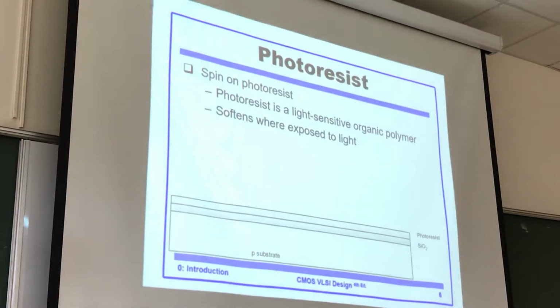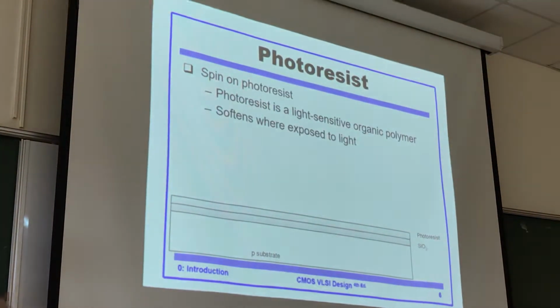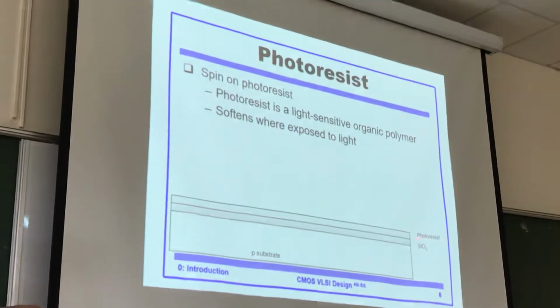Next step, we spin on photoresist. Photoresist is a kind of material that is sensitive to light. Photoresist is a light-sensitive organic polymer. It is coated on top, and it is an organic material that undergoes a chemical change when exposed to light. And the photoresist is going to be softened where it's exposed to light.